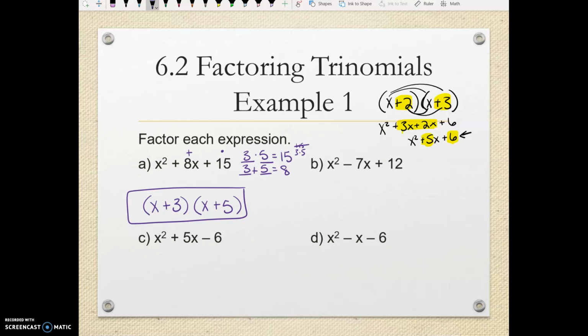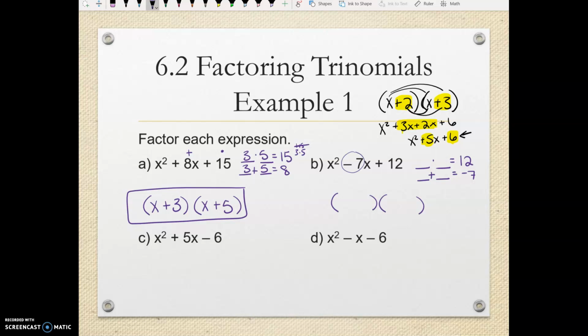All right, now in part B, there's a subtraction sign, so that's going to change things a little bit. We need two numbers that multiply to give us 12, but this time they need to add up to a negative number. They need to add up to negative 7. So negative numbers must be involved.